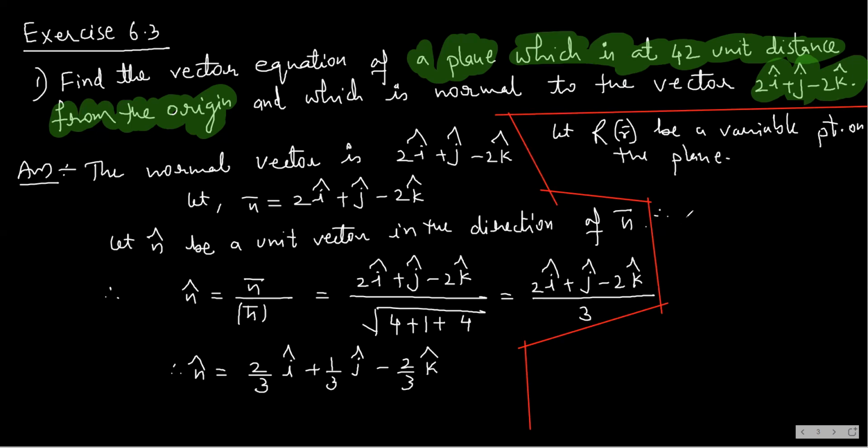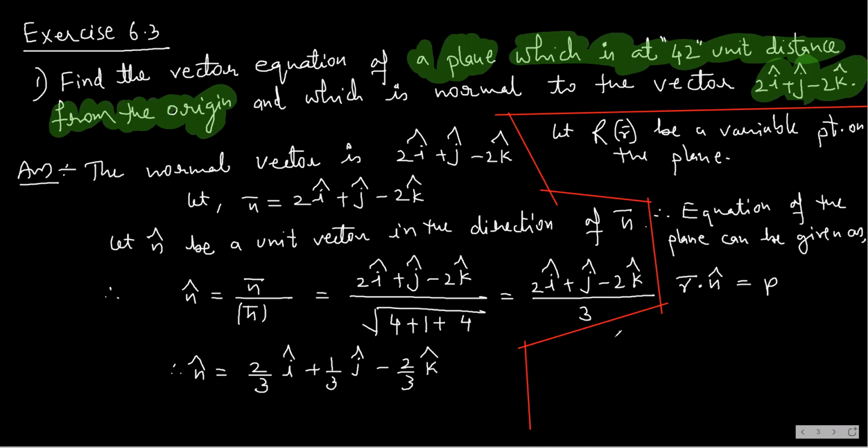Therefore, the equation of the plane can be given as r bar dot n cap equals p. So r bar dot n cap equals p, where p is 42. What is p? P is the perpendicular distance.